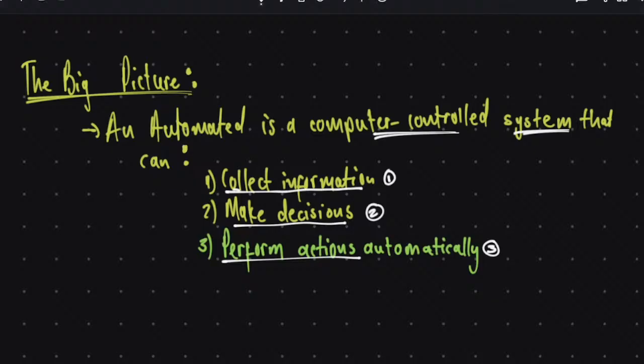The first thing your body is going to tell you is you're thirsty. So it has collected information and told you that you need water. Then you make a decision: let me drink water right now. Then you stand up to go put water in a glass. That is performing the action. And all that is what an automated system should be able to do. It should get information, make a decision, and perform an action.